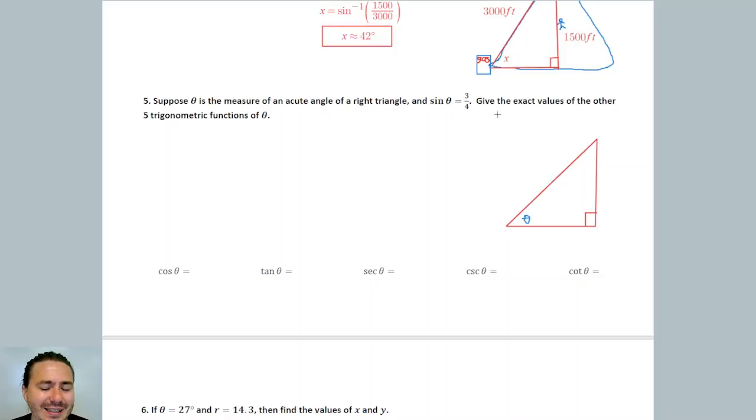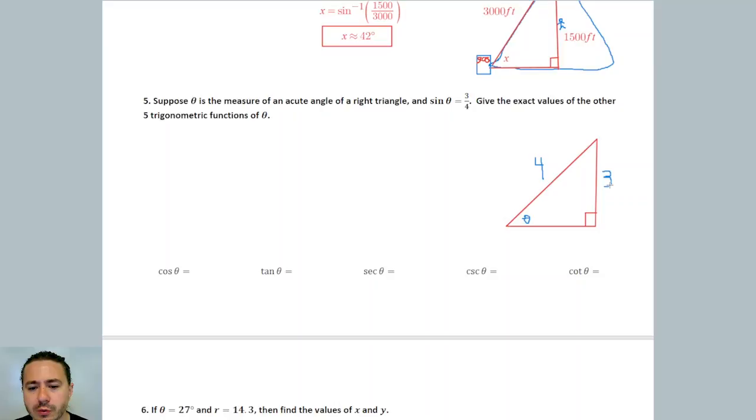I'm going to clarify something, a little sidebar here. It does not mean for sure that the side lengths here are going to be 3 and 4, okay? They might be like 6 and 8, because they could have reduced here. It's not going to affect how we work the problem, but just keep in mind that this is a ratio. If your triangle had sides 6 and 8, sine of theta would still reduce to 3 over 4.